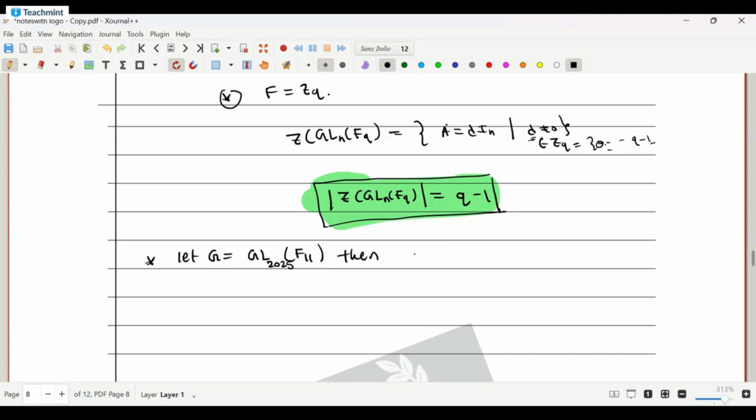Then find the order of Z of G, and also find the number of subgroups of Z of G.